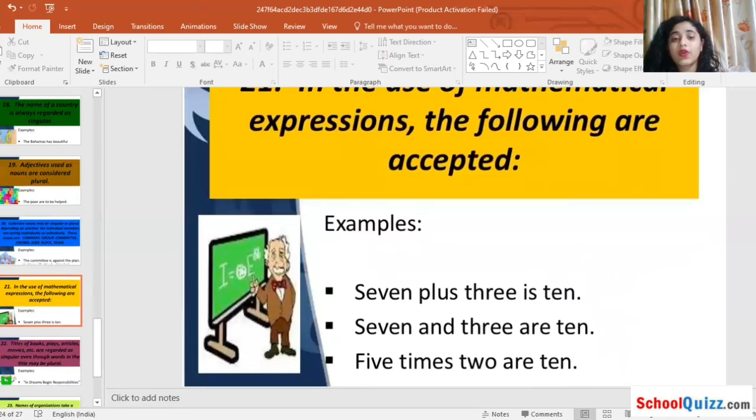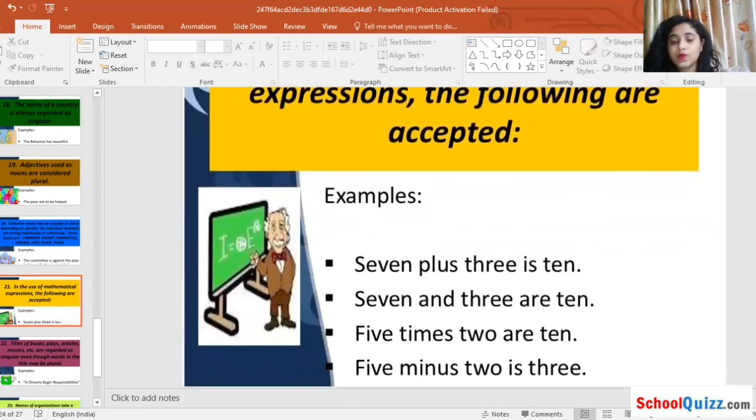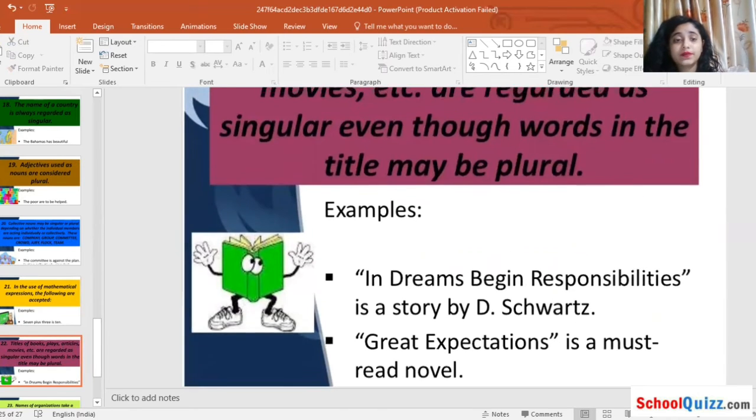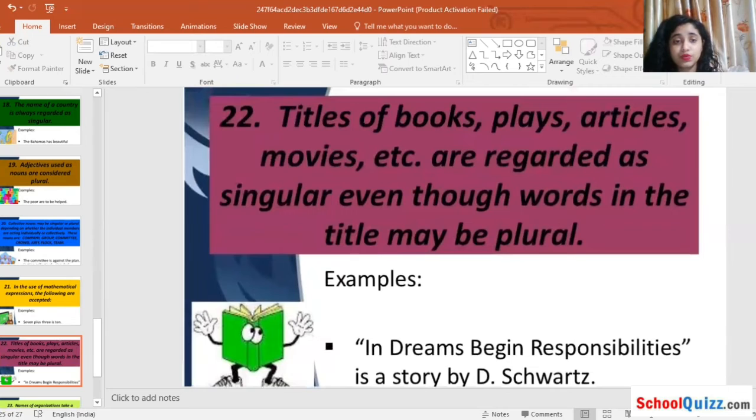So according to the expression, we are adjusting. 5 minus 2 is 3. Because of the minus, we are including is. Because of the plus, we are including is. And because of the and, we are including are. So for times we are using are. So the expressions will decide if the sentence should be in the singular format or in the plural format.